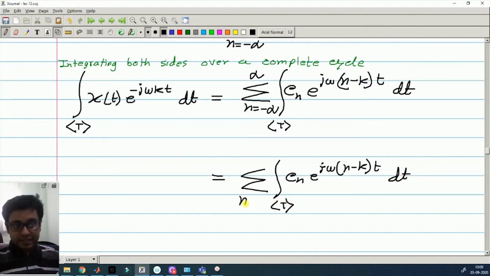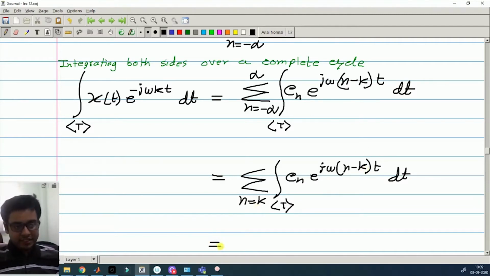I need not sum over all the terms because most of the terms are 0. Only one term where n is equal to k is non-zero.